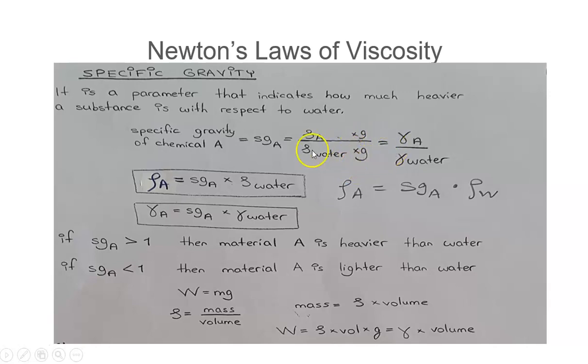Eventually, what you would find is that the specific gravity of A will be equal to the specific weight of A with respect to the specific weight of water.